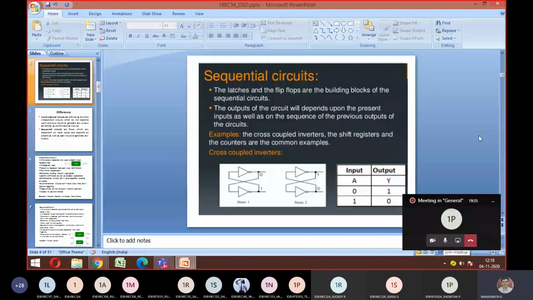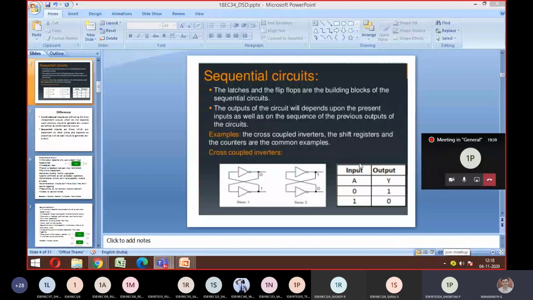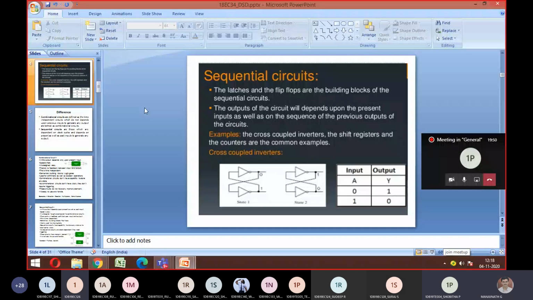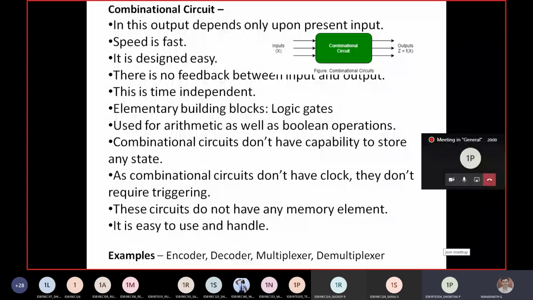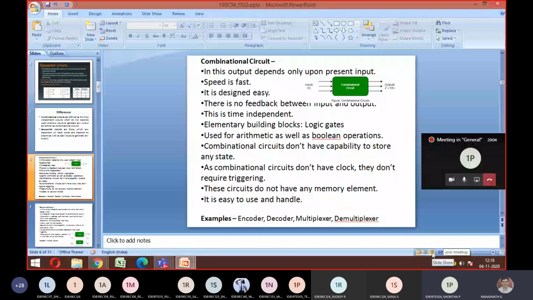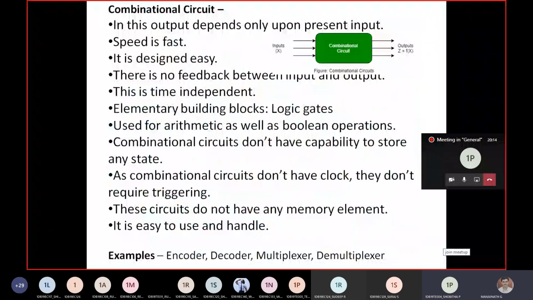The share screen is visible, sir. Now I will change to the next slide. Is it visible now? It's changing. No, sir, it's not changing. Yes, sir, it's different now. I think it is taking a delay. I think I moved to the combinational circuit slide. Is this visible? Yes, sir.